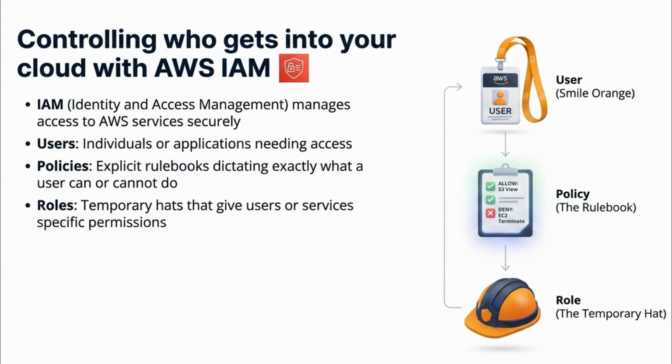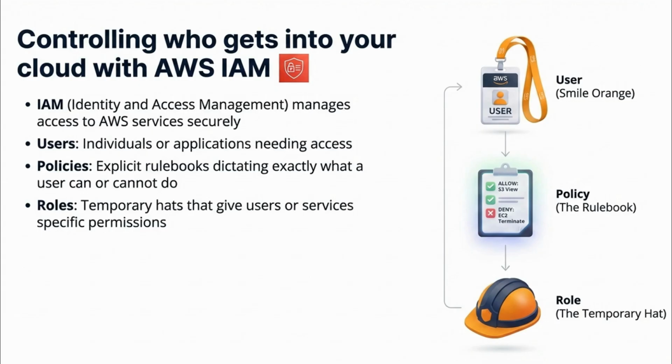You can decide what the role is for whom, and likewise give role-based access, that is, identity and access management: who can access, who can delete, who cannot delete. Users are like individuals or applications needing access, and policies are explicit rule books dictating exactly what a user can or cannot do. Roles are like temporary hats that give users or services specific permissions.